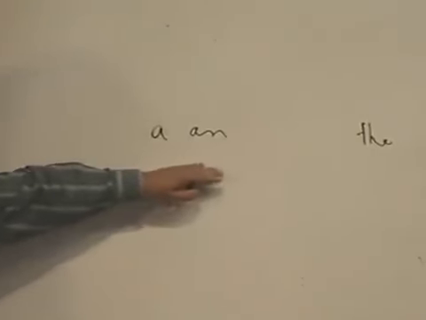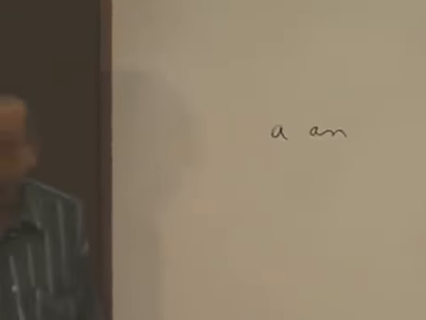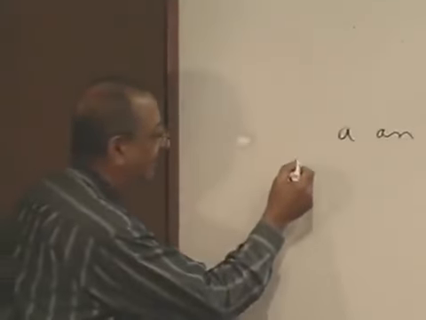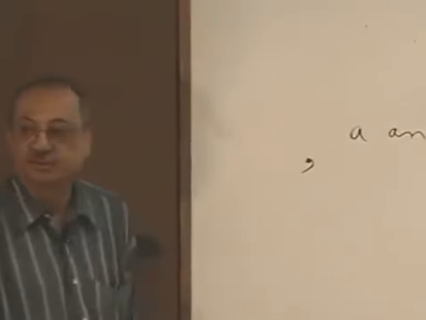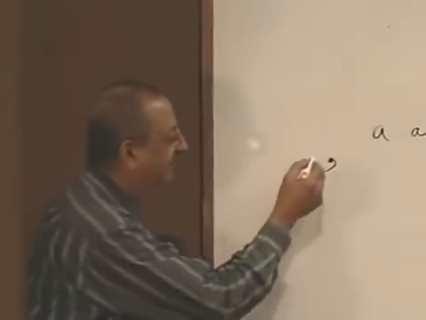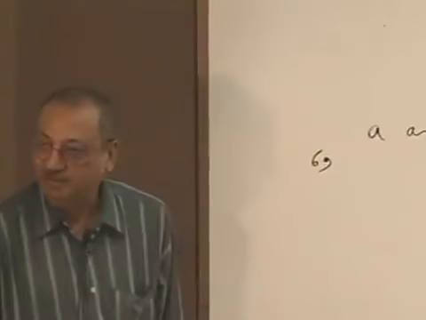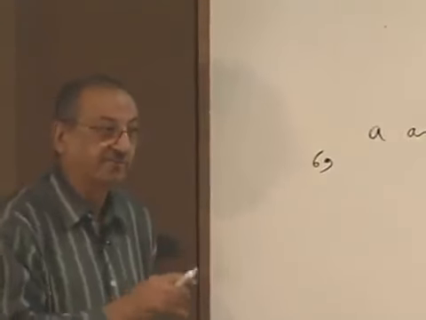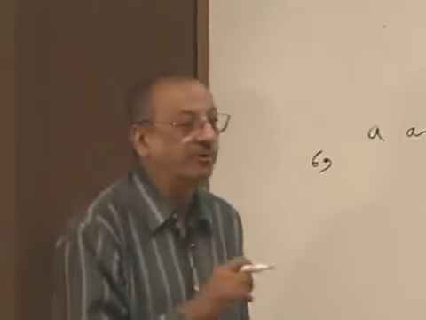Now, in order to make a noun indefinite in Arabic, we do not have anything similar to this. But at the end of the noun, we put a double vowel sign. Are you with me? If the noun ends with a dhamma, then we put two dhammas. If the noun ends with a fatha, then we'll put two fathas.